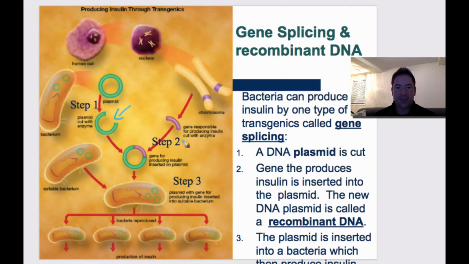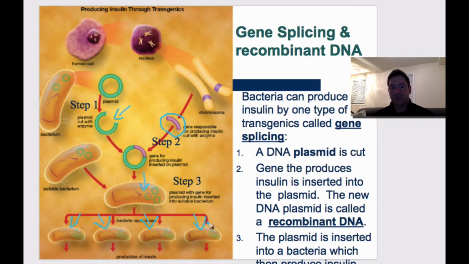Now you take a section of the gene responsible for producing insulin, and you add it to that plasmid. Now that plasmid is placed back in that bacteria, and it starts to replicate and produce mass amounts of insulin, the amounts of insulin that a person couldn't produce before.